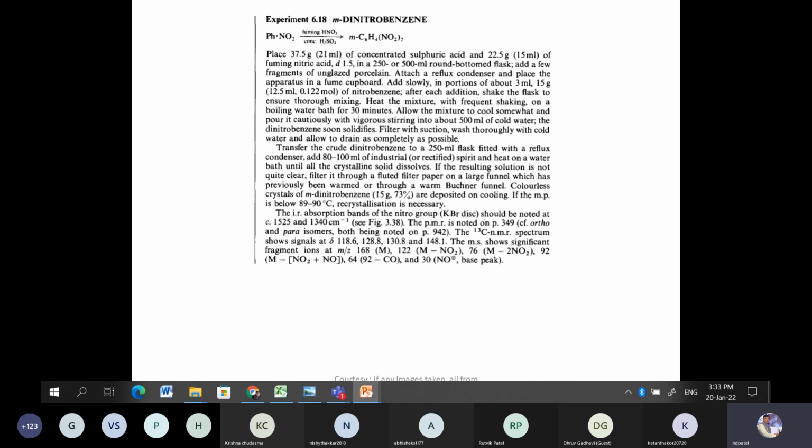But now we have to confirm whether the nitro group is present or not. So for the confirmation, we can go for the reduction. If we go for the reduction, then if nitrobenzene is there, you will get aniline, and if metadinitrobenzene is there, then you will get metaphenylene diamine.